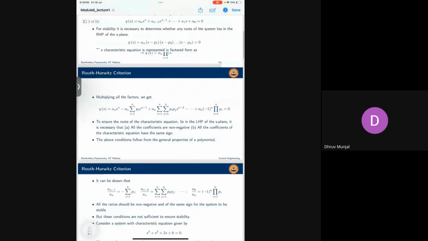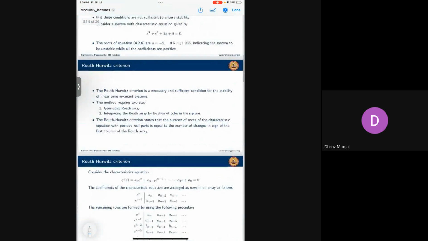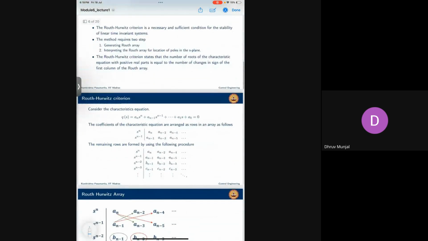How can we do that? There are some steps the method explains. The characteristic equation is the denominator of a transfer function. If you have a transfer function b of s by a of s, this a of s equal to 0 is called the characteristic equation. Usually we get roots until s cube, but for higher order systems we are going to use this technique.